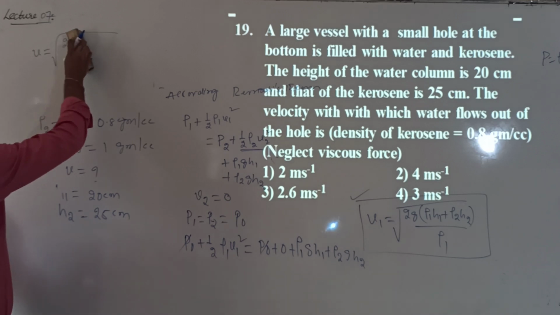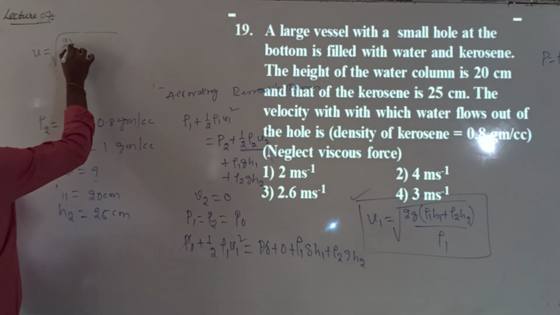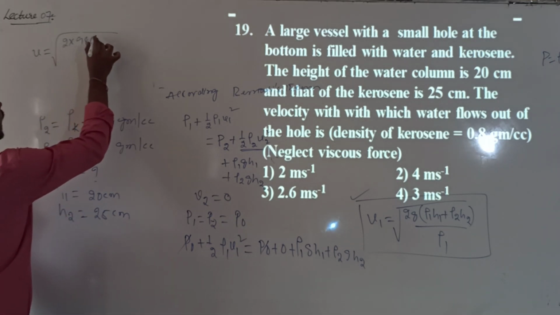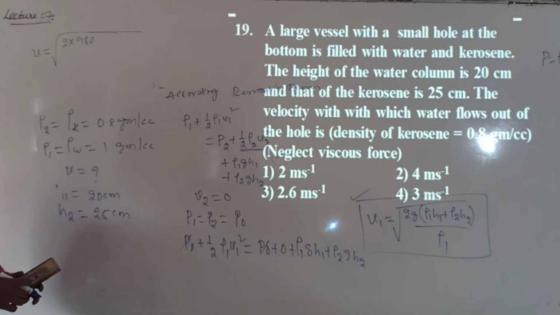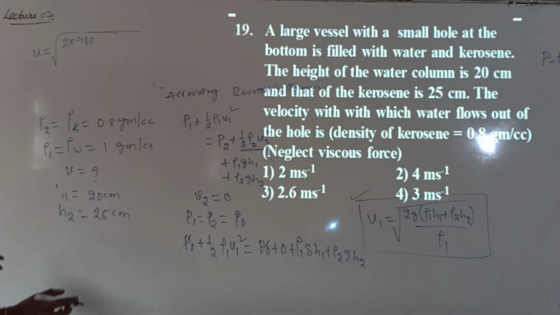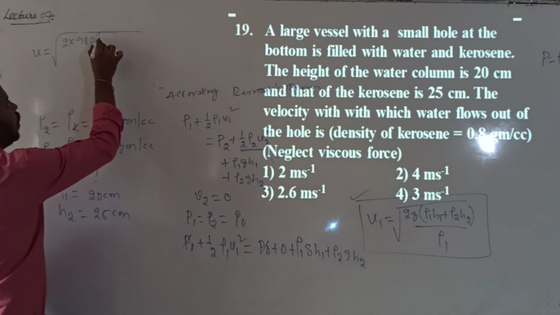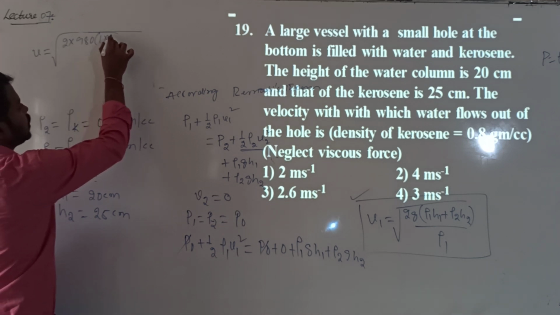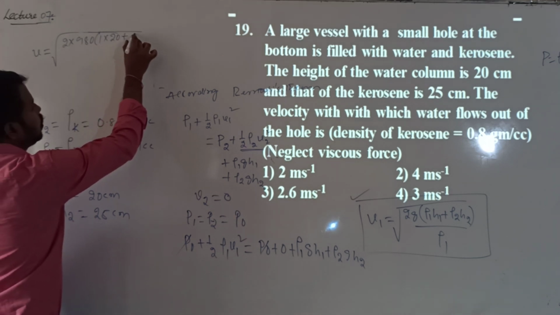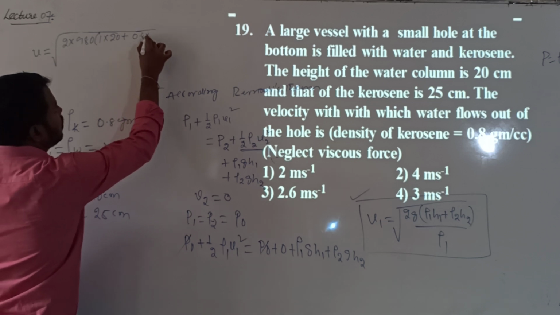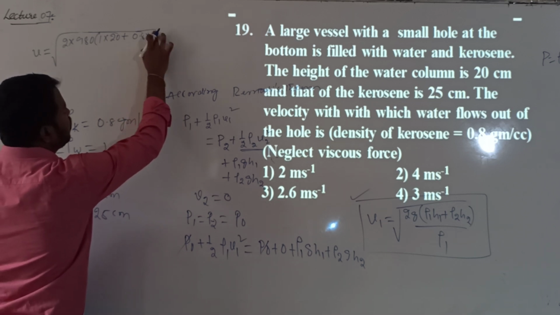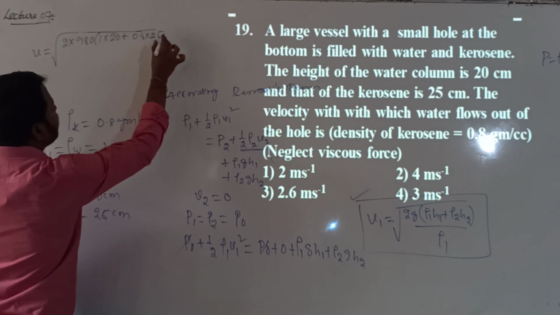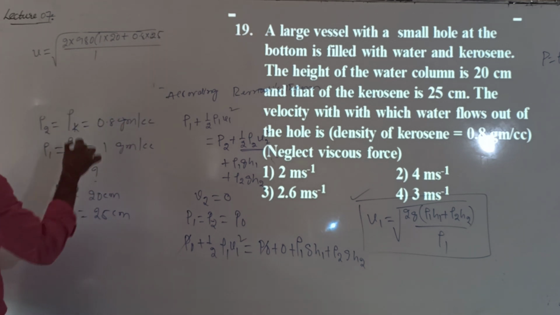So g value in the CGS system will be 980 centimeter per second squared, into rho1 value, water density is 1, into h1 value 20, plus rho2 value 0.8, into 25. So divide by how much now? By water density rho.